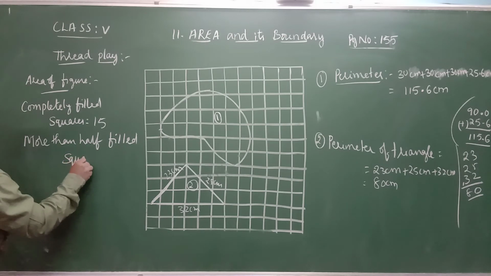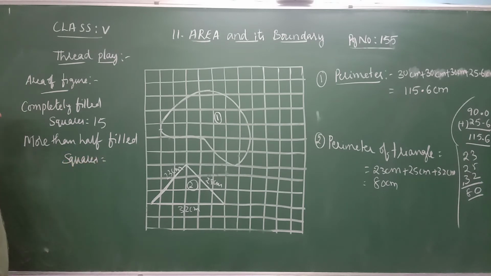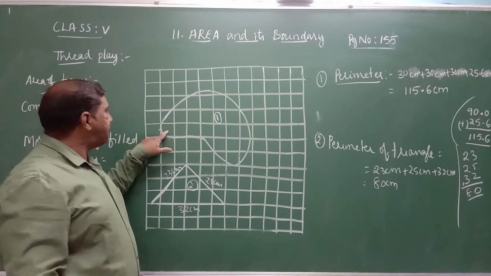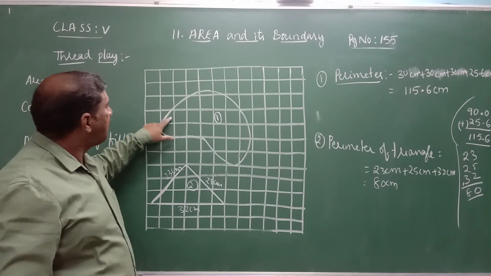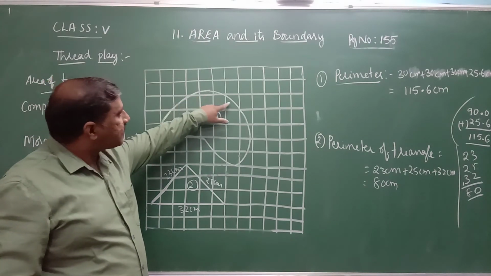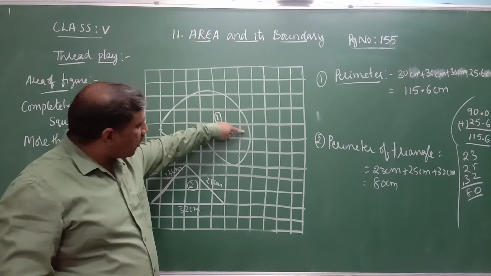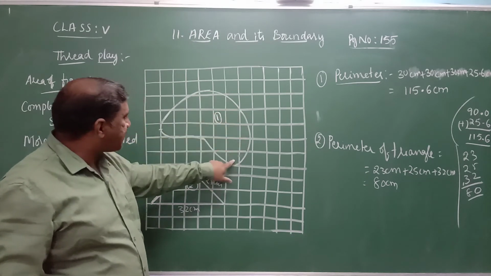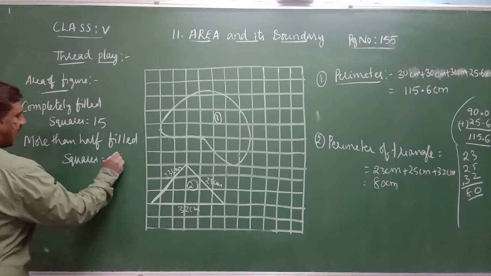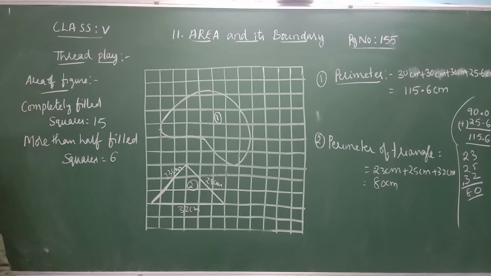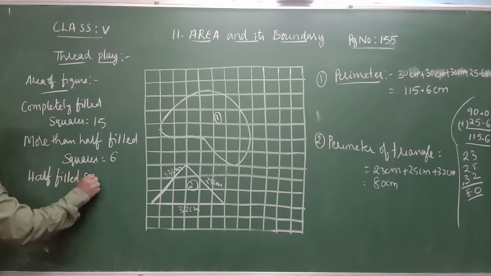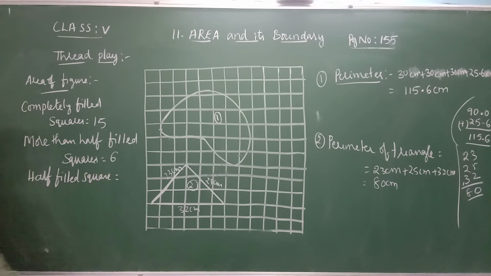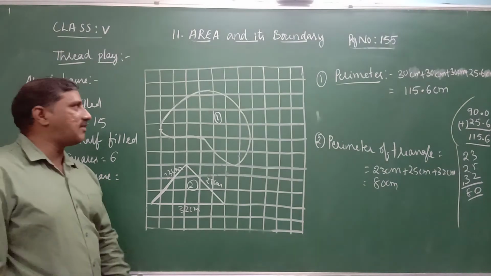How many are there? This is 1, 2, then 3, 4, 5, 6. We have 6 squares which are more than half filled. Then half filled squares. The last one is less than half filled. You leave them, ignore them.